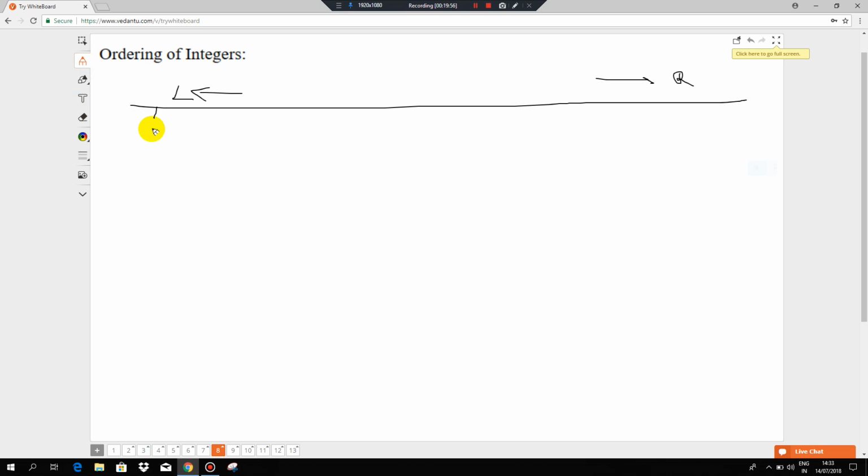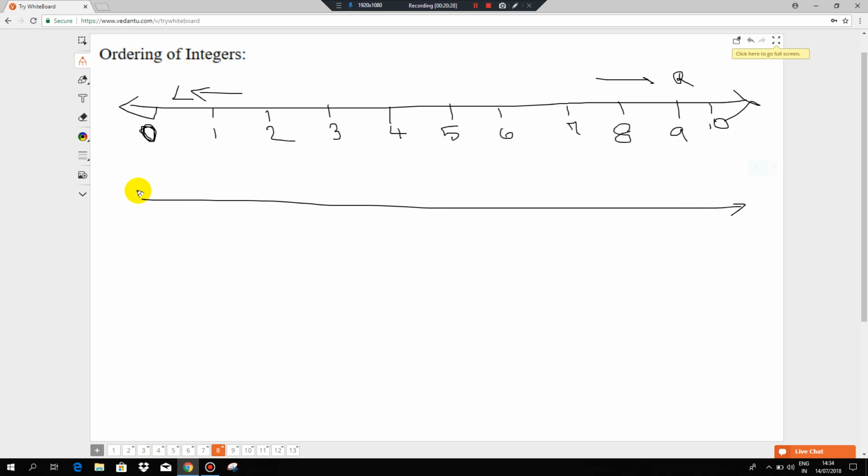So 0 is smaller than numbers on its right side, right? Like 1, 2, 3 are of course greater than 0. So in integers, what we have is 0 in the middle, correctly.